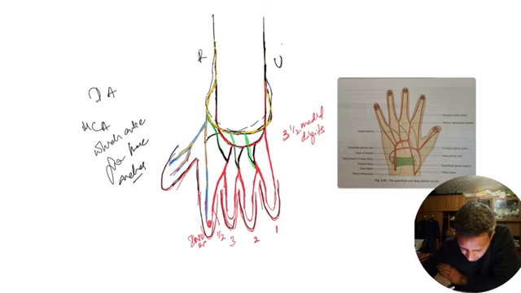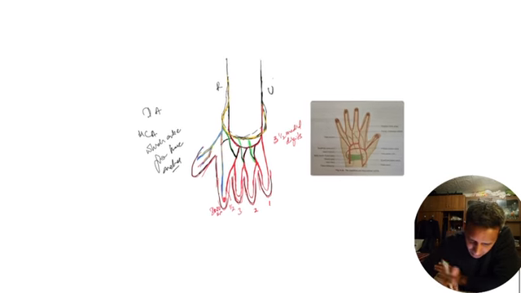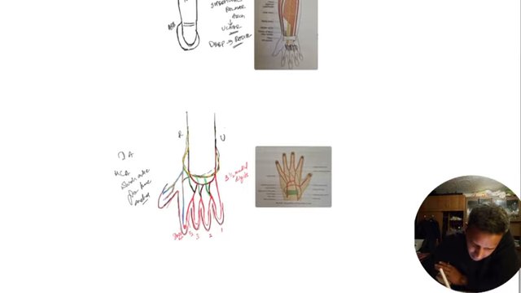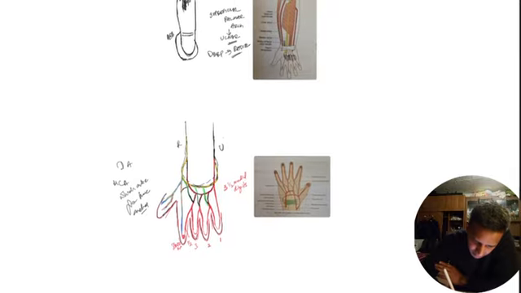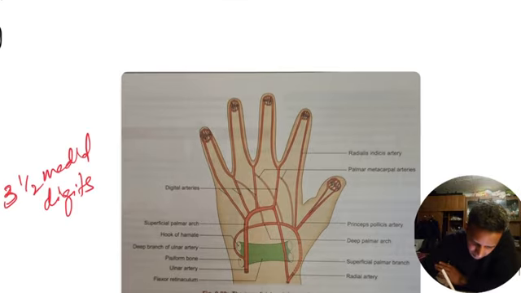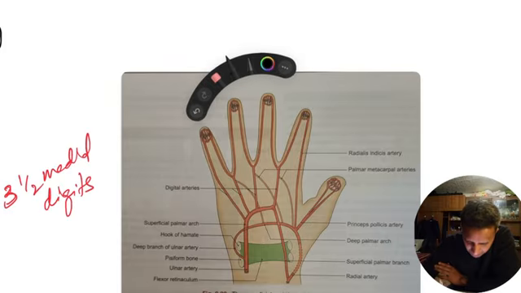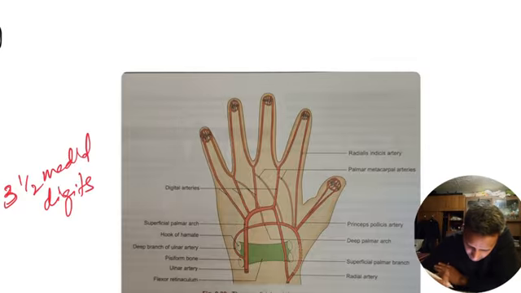So this ends the blood supply of your upper limb, right? So we can revise this with the picture. I'll use black. As you can see, this is your ulnar artery forming the superficial arch, giving off digital branches, and giving off medial and lateral branches, right?